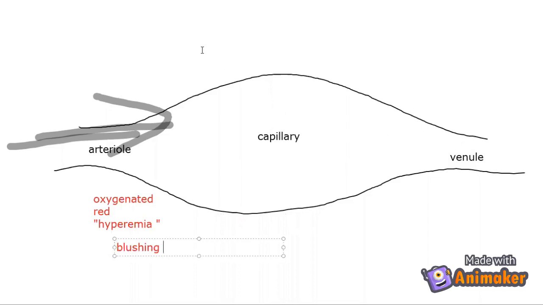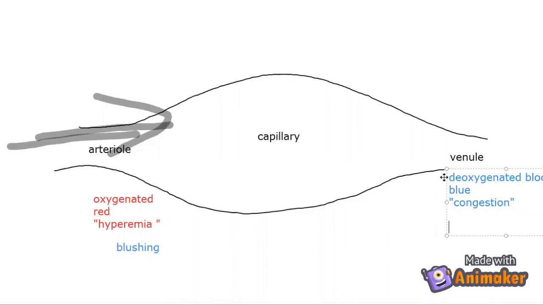On the other hand, we're talking about the venule. Now, the flow has decreased and the blood that the venule carries is deoxygenated blood. It will be blue in color. This will result in congestion, resulting in cyanosis, bluing, blue color.